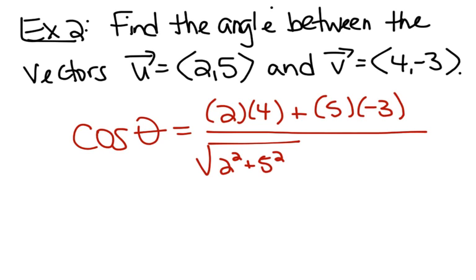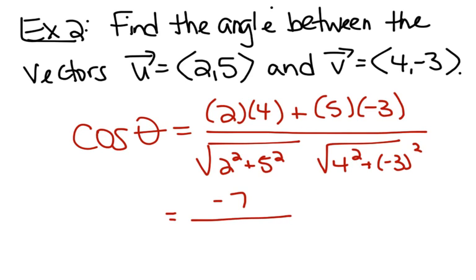And the magnitude of vector v is the square root of 4 squared plus negative 3 squared. So now I'm going to do some simplifying. On the numerator, I get 8 plus negative 15, which is negative 7. In the denominator, I get the square root of 4 plus 25, which is the square root of 29, times the square root of 16 plus 9, which is 25.